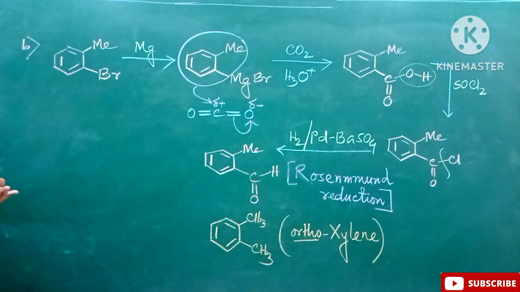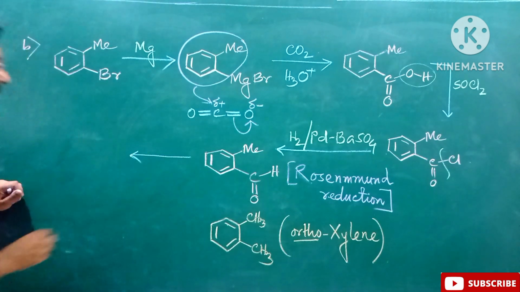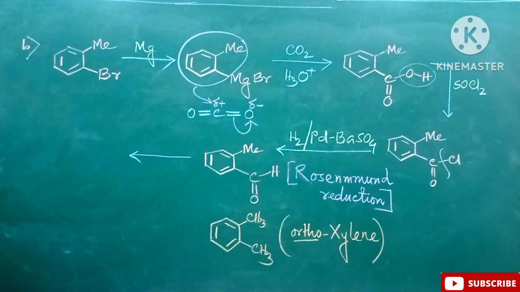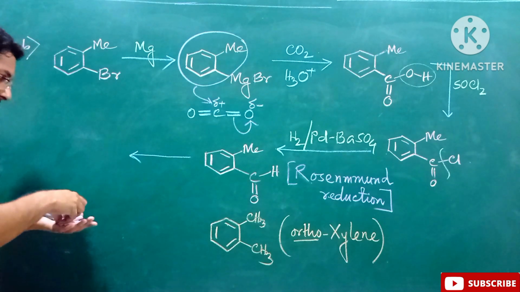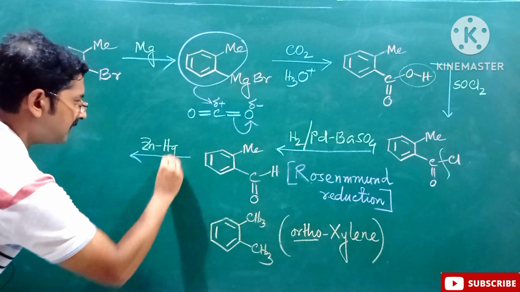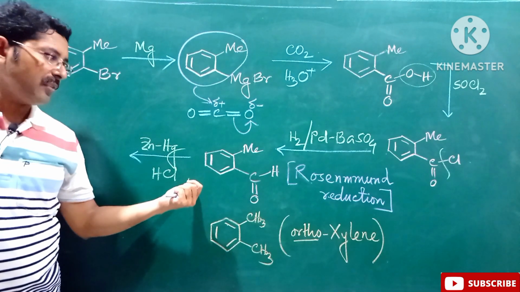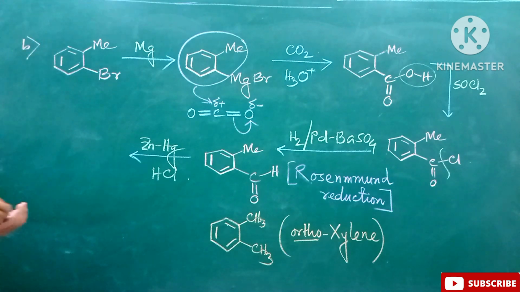Right. Now, in the last step, the reagent given is zinc amalgam and concentrated HCl. The name of the reaction is Clemmensen reaction.